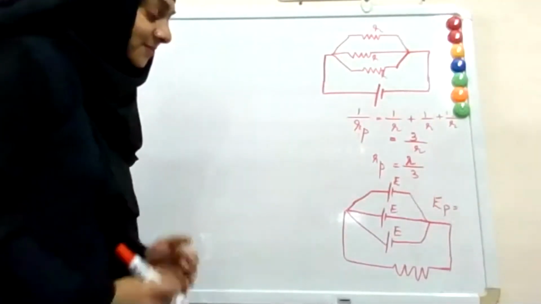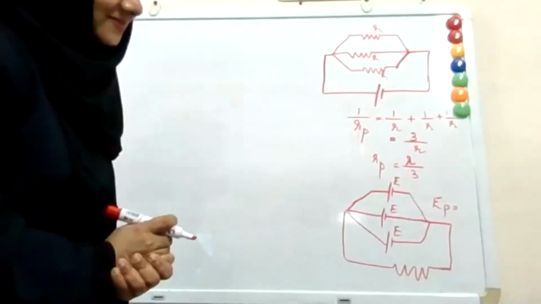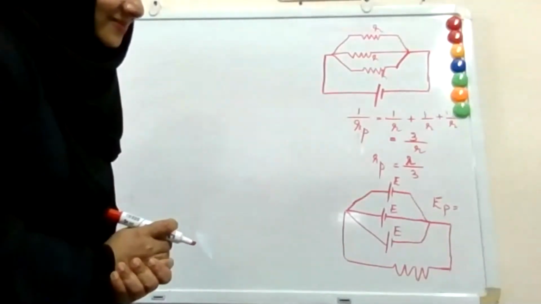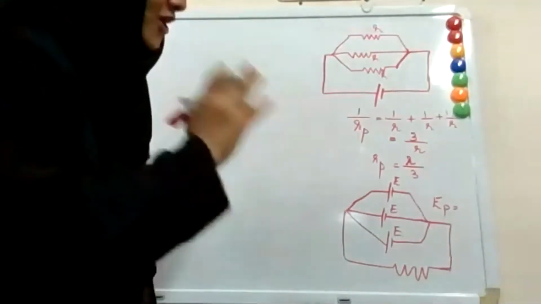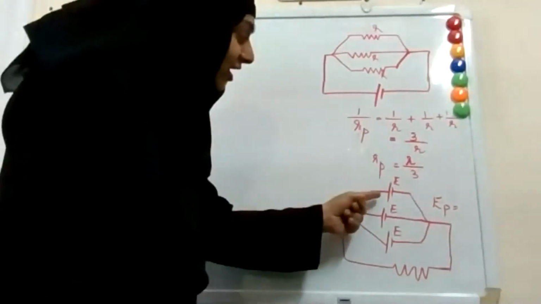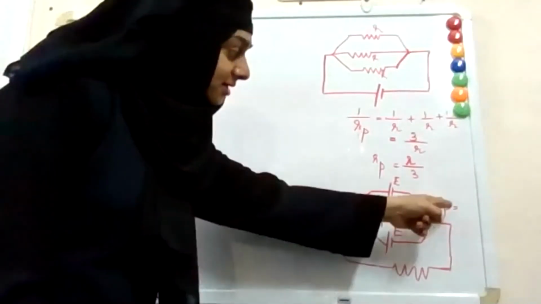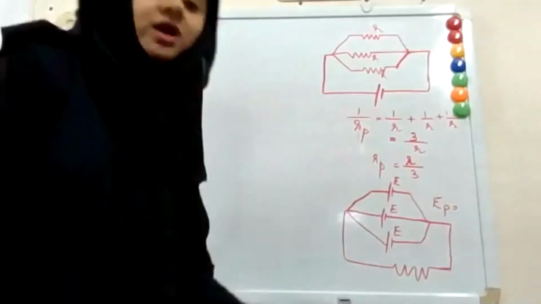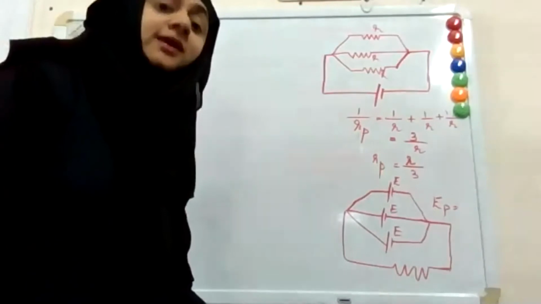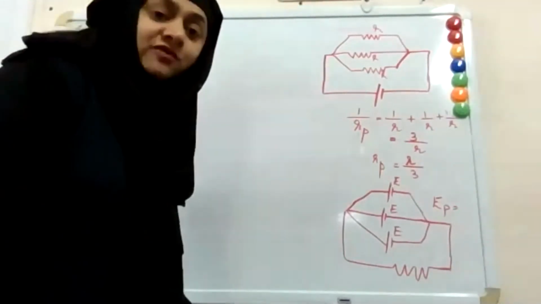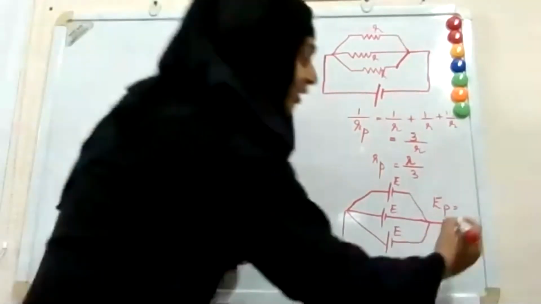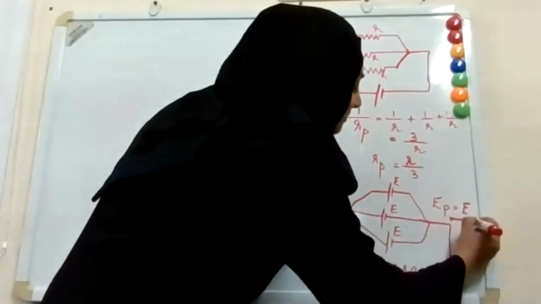E plus E plus E? No, only E. I told you if we have identical cells connected in parallel, the resultant EMF will be of only one. You are learning now only the case of identical cells. So it will be just E.